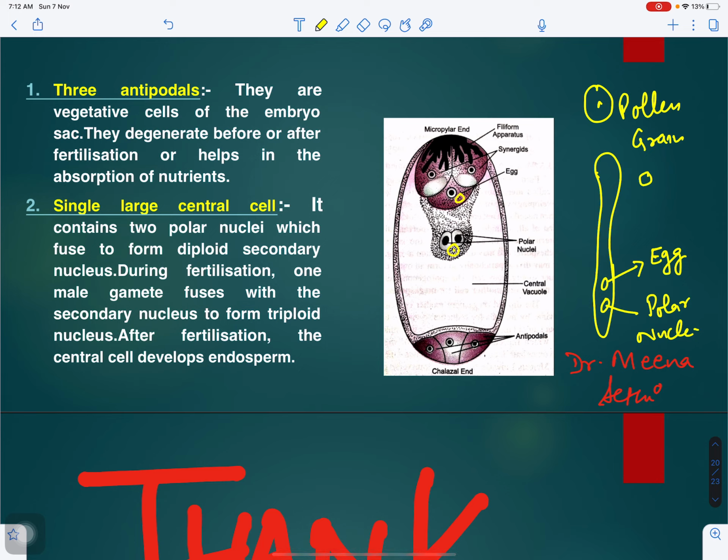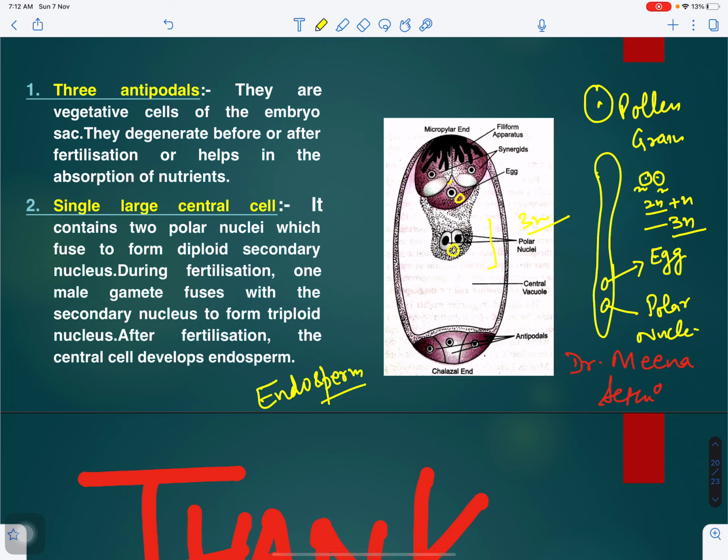Now the two polar nuclei are a single nucleus, so this is 2n, we can say. But when a single male gamete comes, this will become triploid in nature, and when this becomes triploid, this will develop into endosperm. Basically, endosperm is the nutritive tissue.